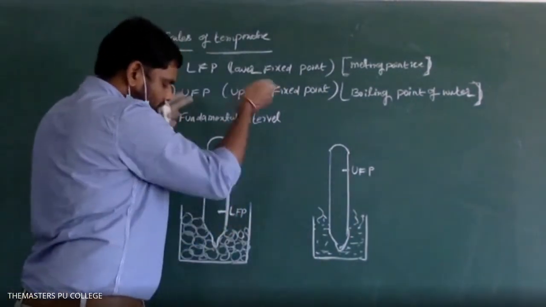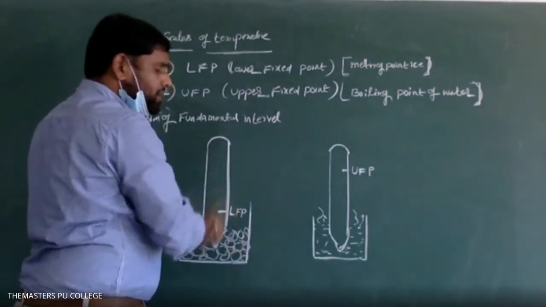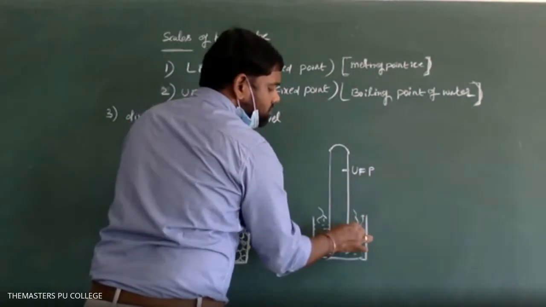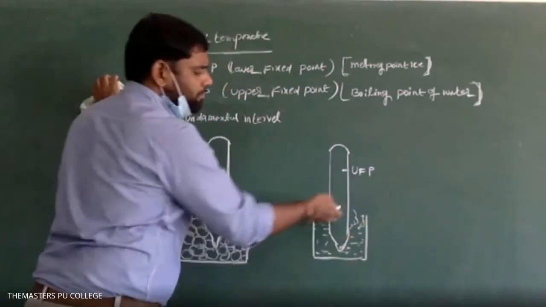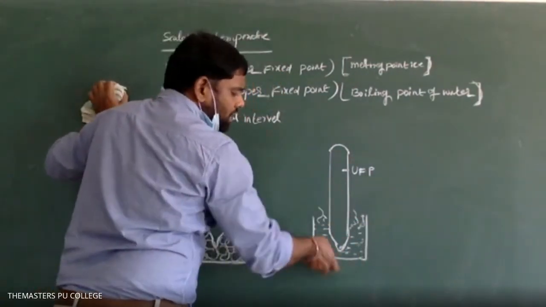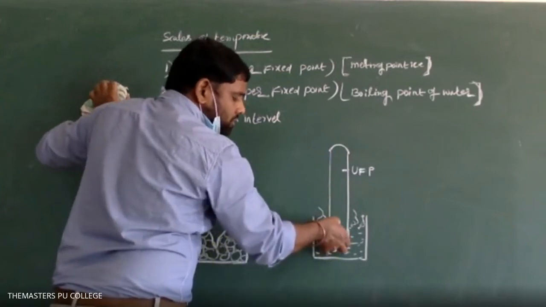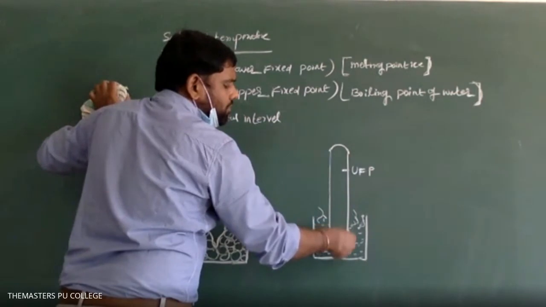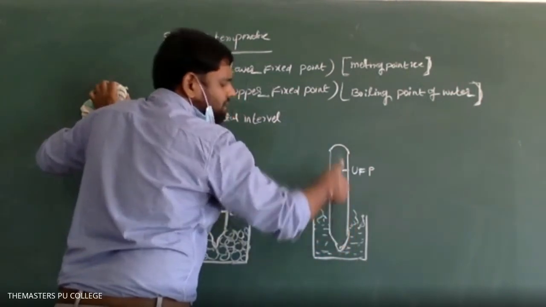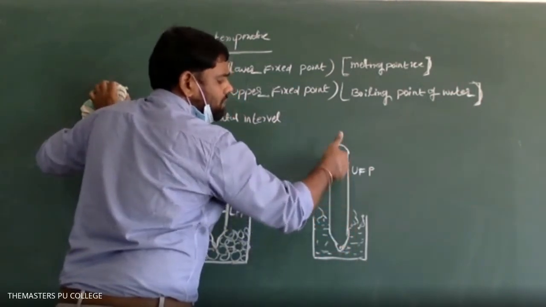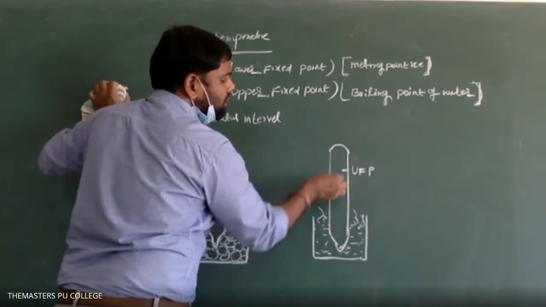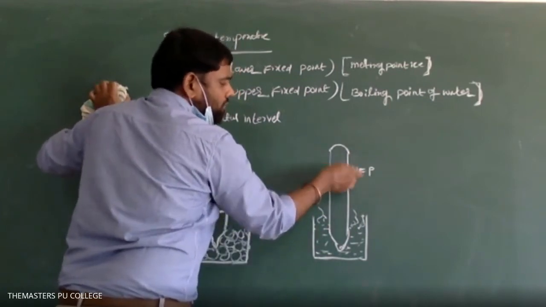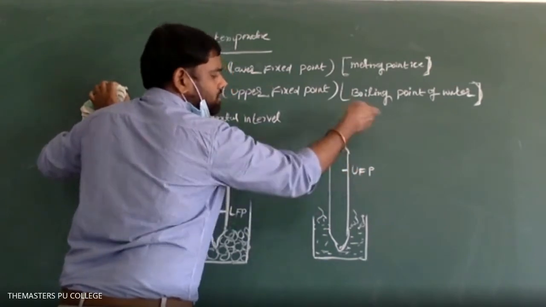Now this thermometer is taken out of this beaker and placed in another beaker where water is boiling. What will happen? Heat will be transferred from the water to the thermometer. By that heat, the mercury expands and its level in the thermometer increases, and after a certain time we notice that this is the point from where the level of the mercury is not increasing.